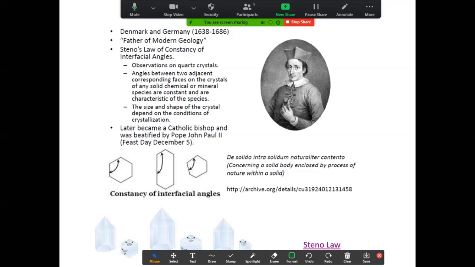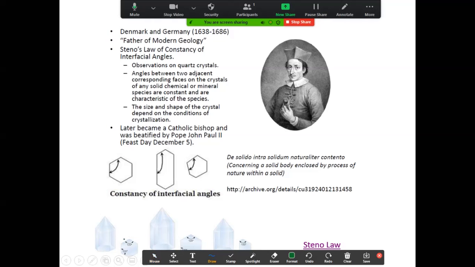So again, if you have two faces of a crystal, the angle that face makes is the same for every two faces within that crystal. So for example, we have a hexagon down here.